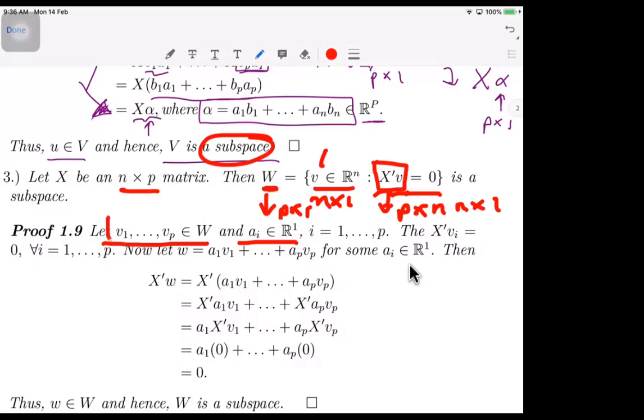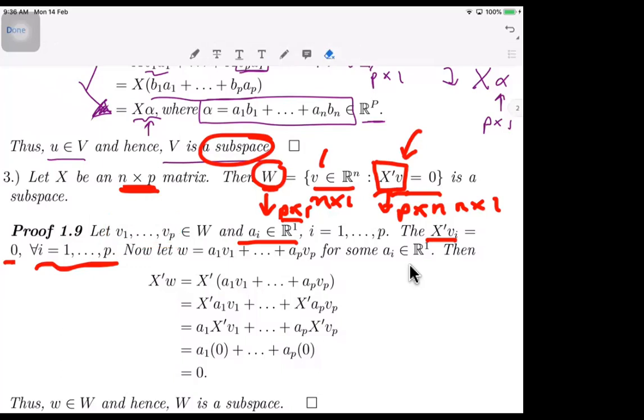So if the V_i's are in W, then for any matrix X, n by P, you multiply its transpose, X prime V_i will be equal to 0 for all i from 1 to P, because X prime V is a P by 1.